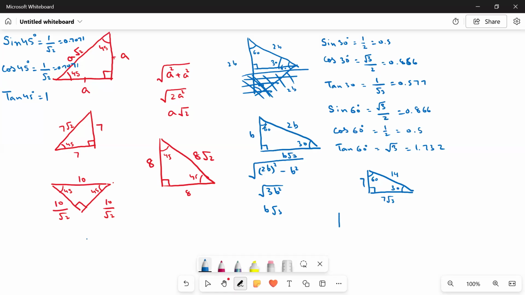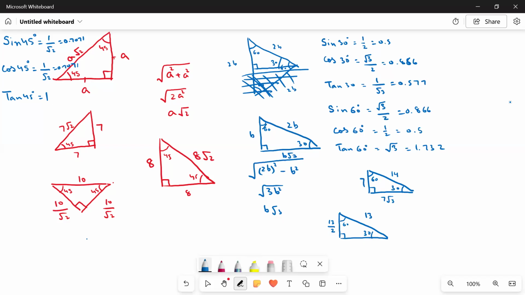Okay, more examples. If I have a triangle like this, one angle is 30, this is 90, so this must be 60. If I know this side, the hypotenuse, is given as 13, then how will you find the side opposite to the 30 degrees? That is half of 13, right? Because the ratio between these two is 1 and 2.